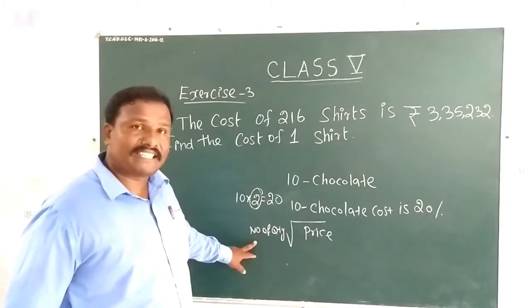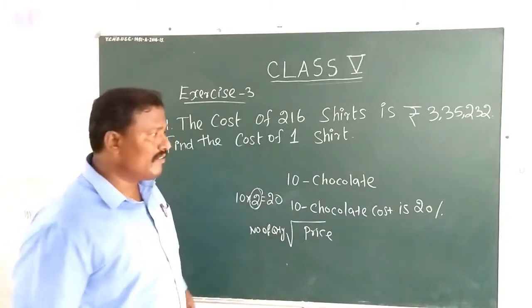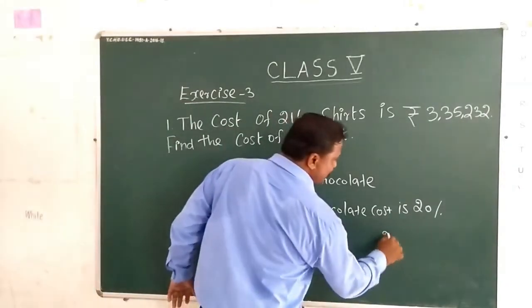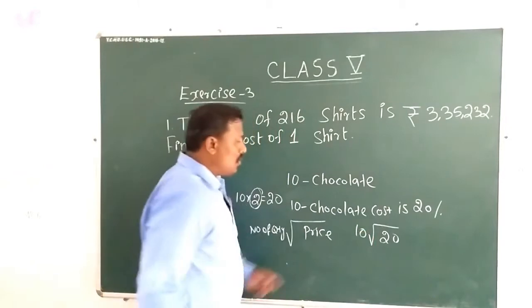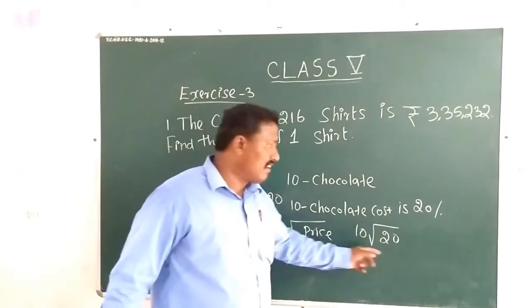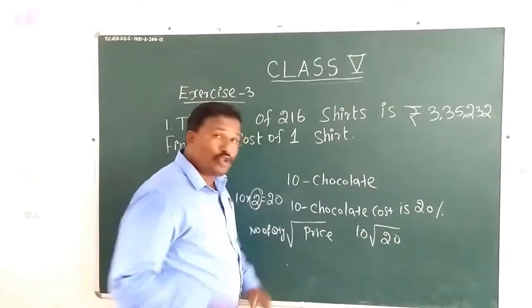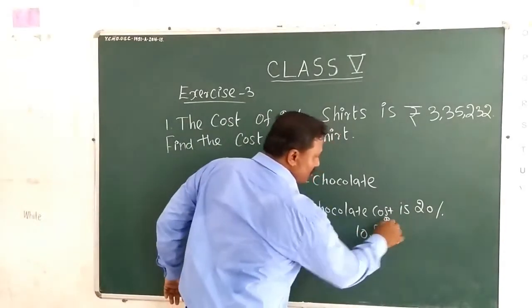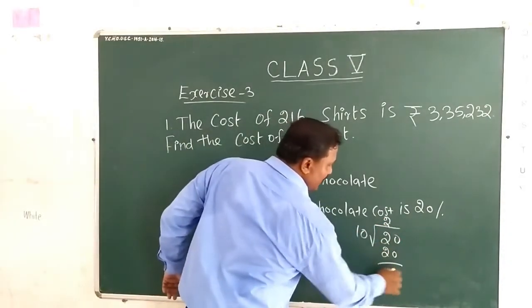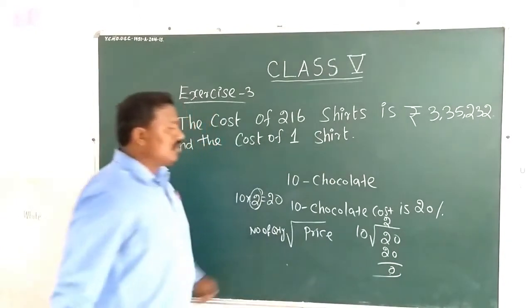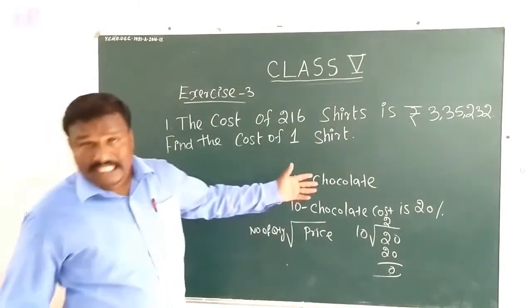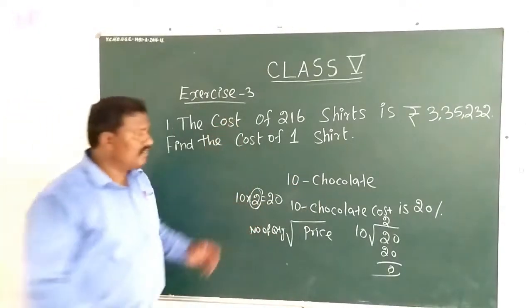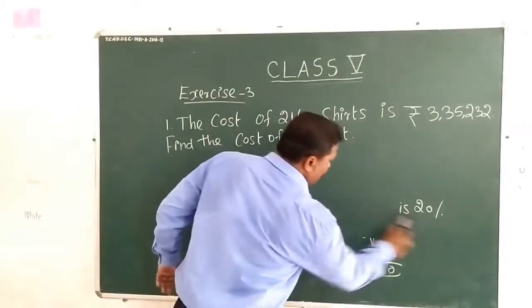We keep it like this, then we can divide and get the answer. Price 20, quantity 10. How many tens are there in 20? 2 tens are 20, means we get 0. So what is the cost of each chocolate? 2 rupees. The same logic we are going to use here.